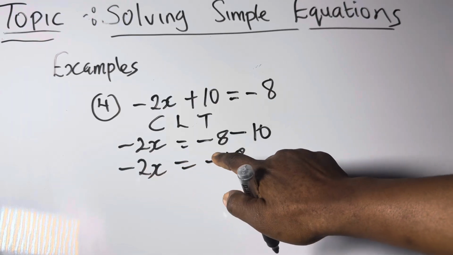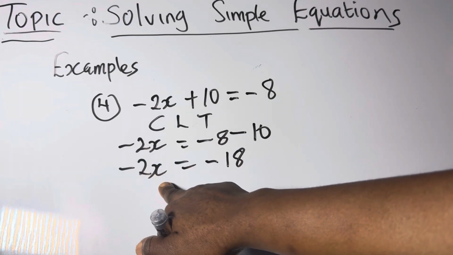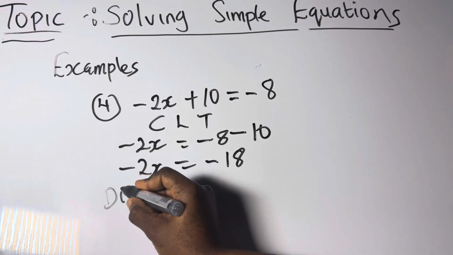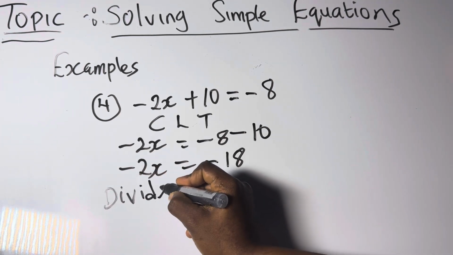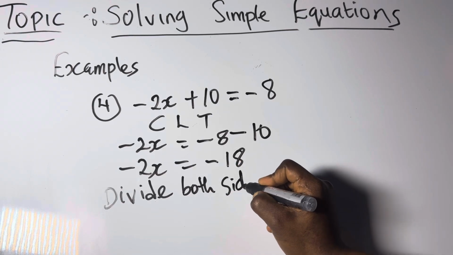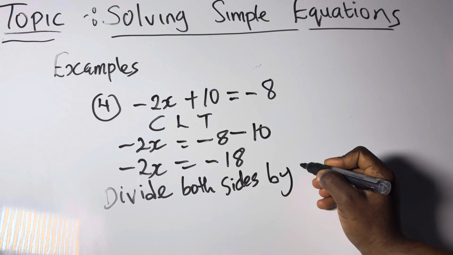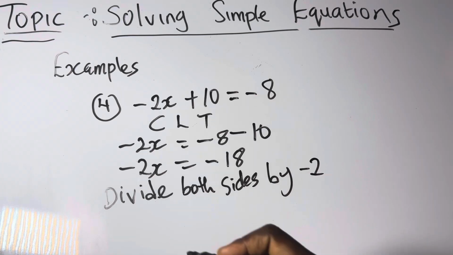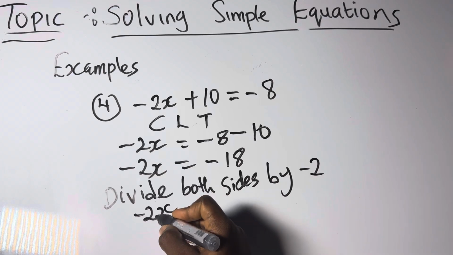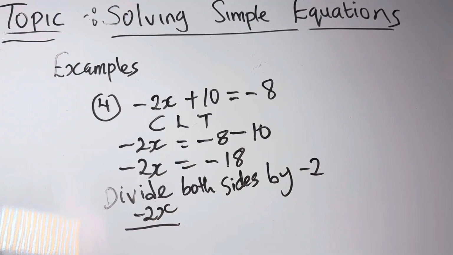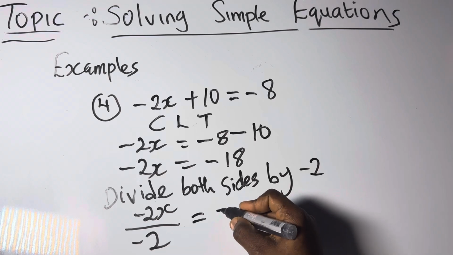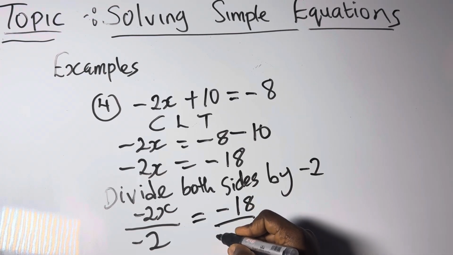Now, after doing that, to get the value of x, you divide both sides by a negative 2. So that means minus 2x divided by a negative 2 equals a negative 18 divided by negative 2.